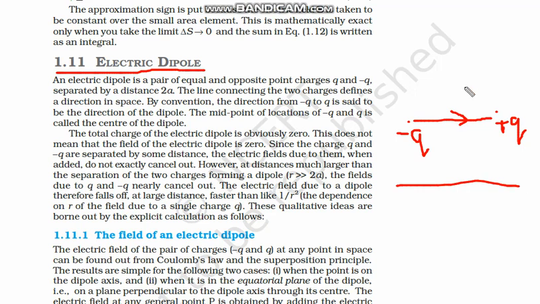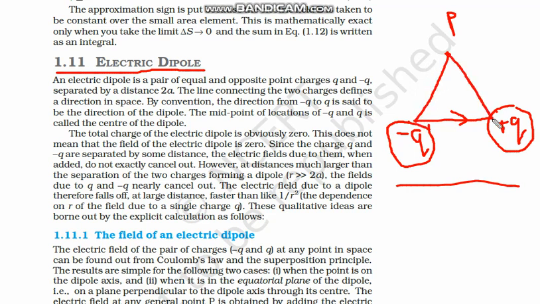Now on that day we saw that if there is a point P, the total charge on this dipole is minus q plus q, hence 0. But if we try to measure the electric field at this point P, which is some distance from here and some distance from here, we saw that the electric field is not 0.